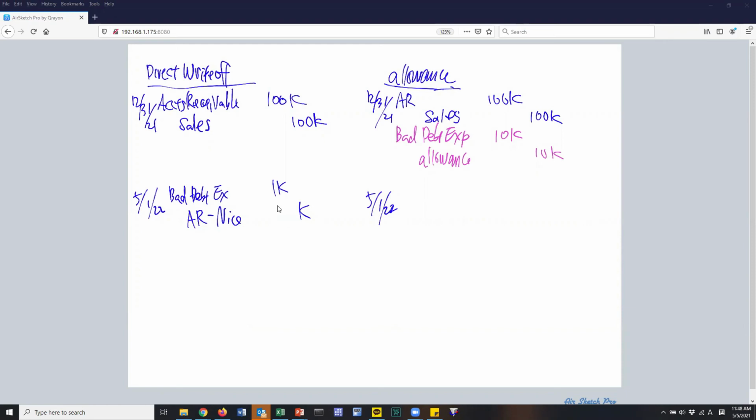Again, allowance was initially credited, meaning its normal balance is credit side. Now he's going to use it, meaning reduce allowance. Then it should be debited, which is 1,000. And he knows that now specifically it's Nice whose accounts receivable he should write off.